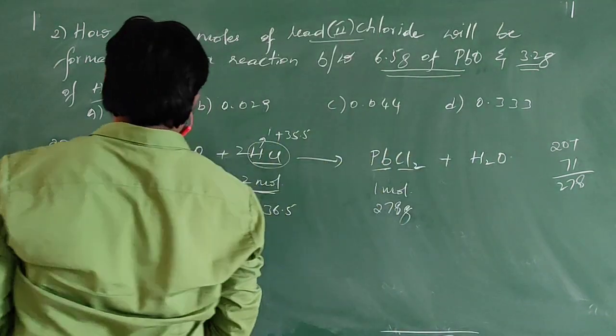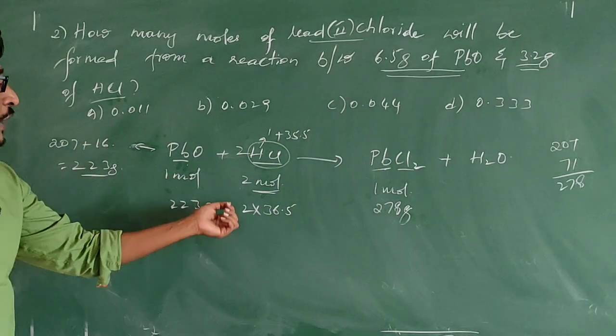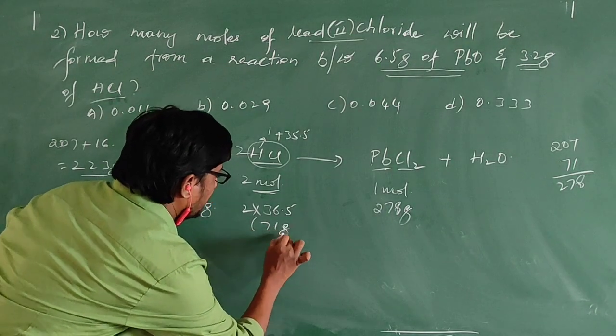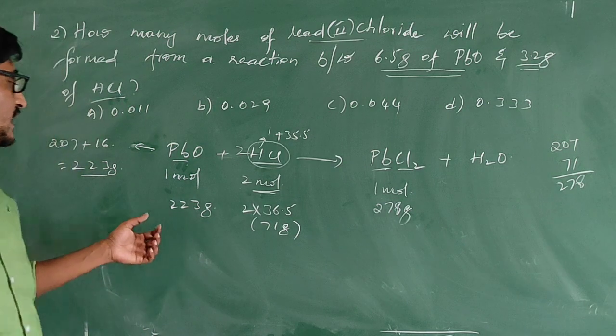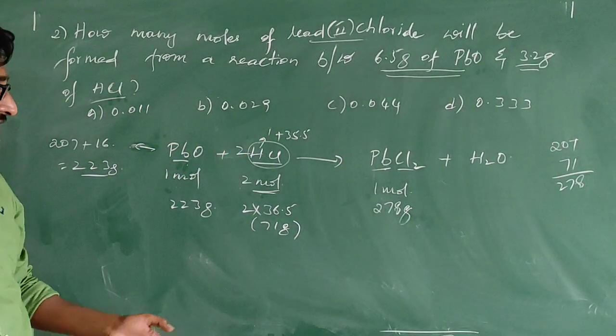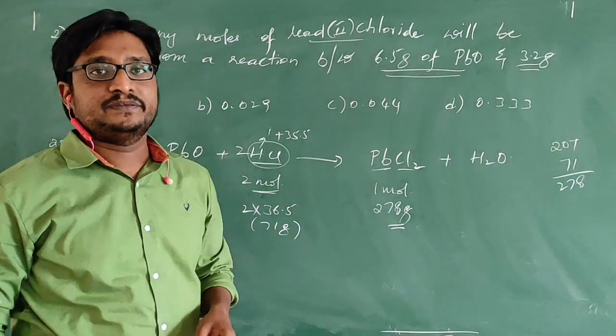Now see, when 223 grams of lead oxide reacts with 2 into 36.5, nothing but 71 grams of HCl, it is forming 278 grams of lead chloride.